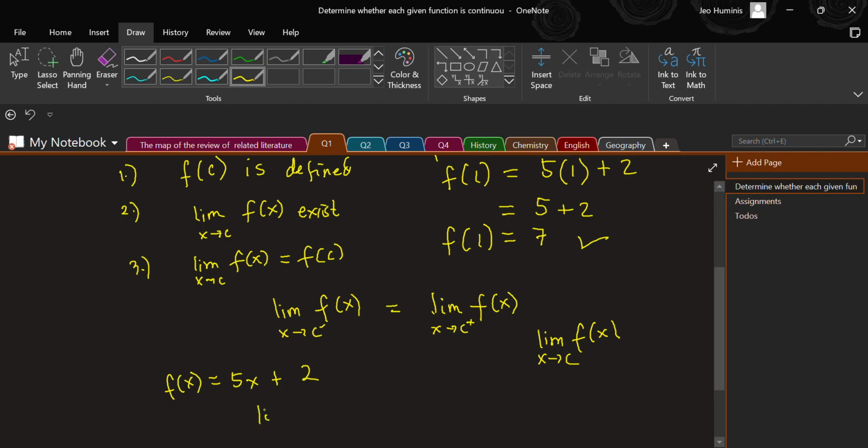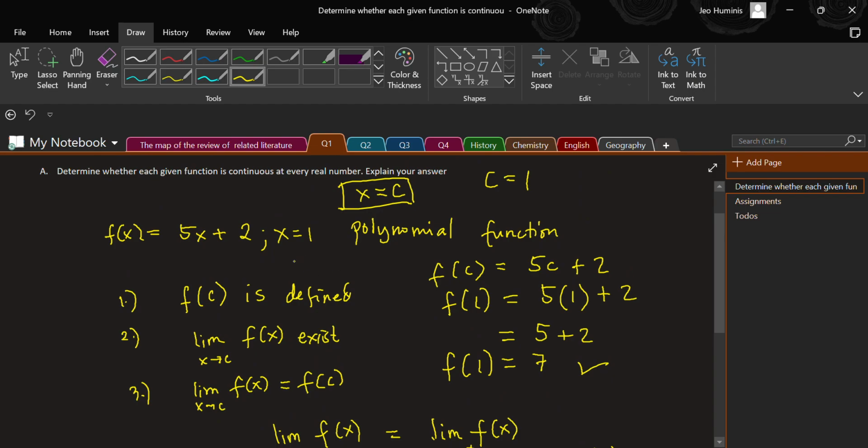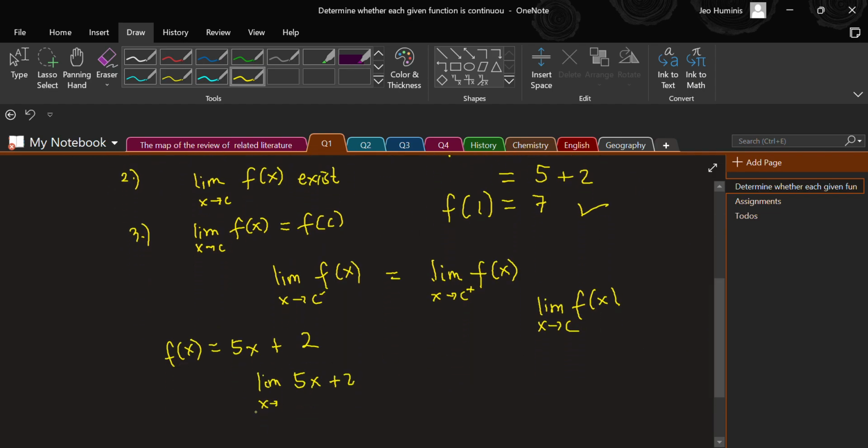So the limit of 5x plus 2 as x approaches 1 from the right is equal to the limit of 5x plus 2 as x approaches 1 from the left.